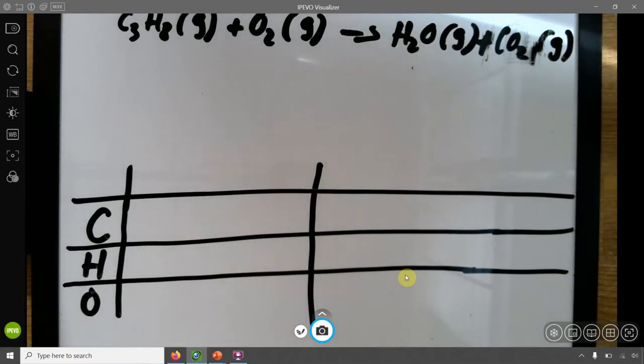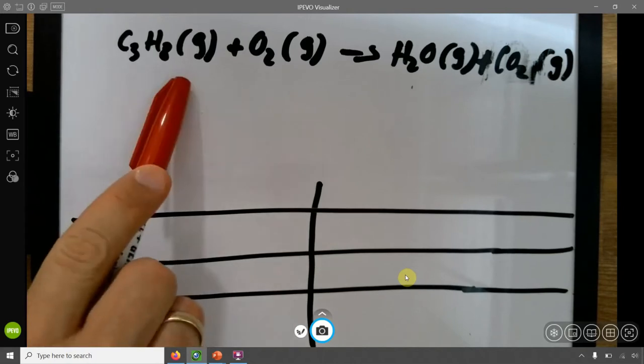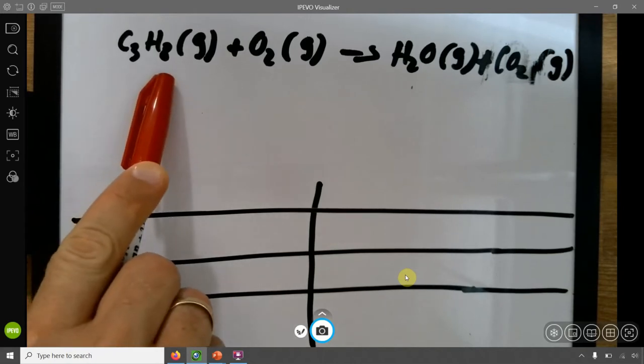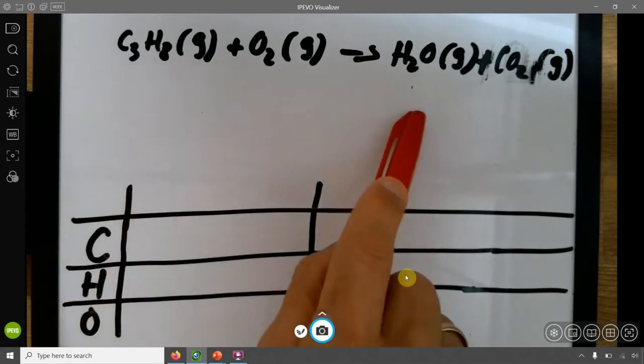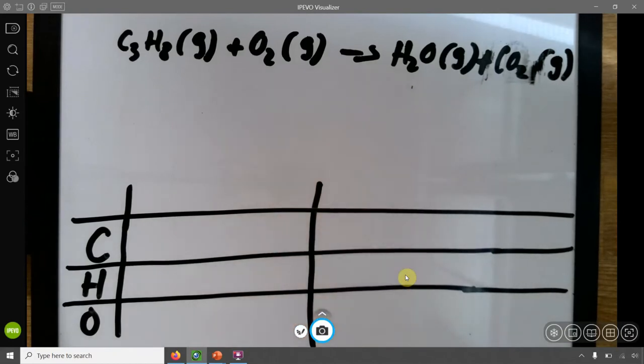So first thing that I'll do is you will note that on the left side I have 8 hydrogens in the propane, and on the right side I only have 2. So to rectify that, I'm going to write that. So on the left side, let me just write everything. On the left side I have 3 carbons, I have 8 hydrogens, and I have 2 oxygens.